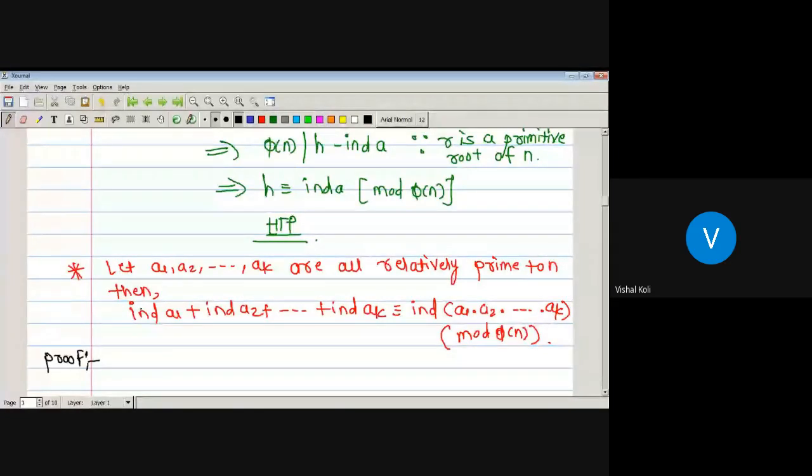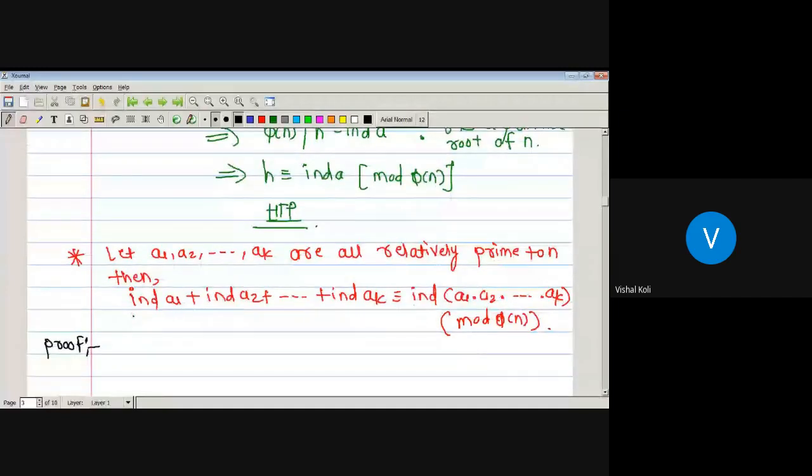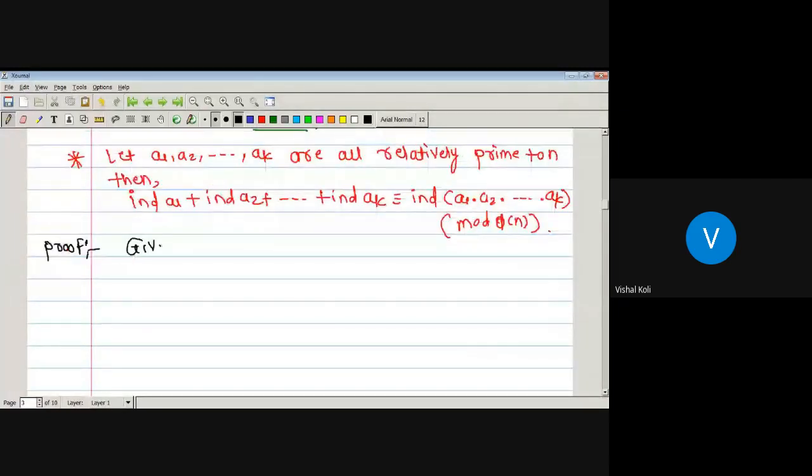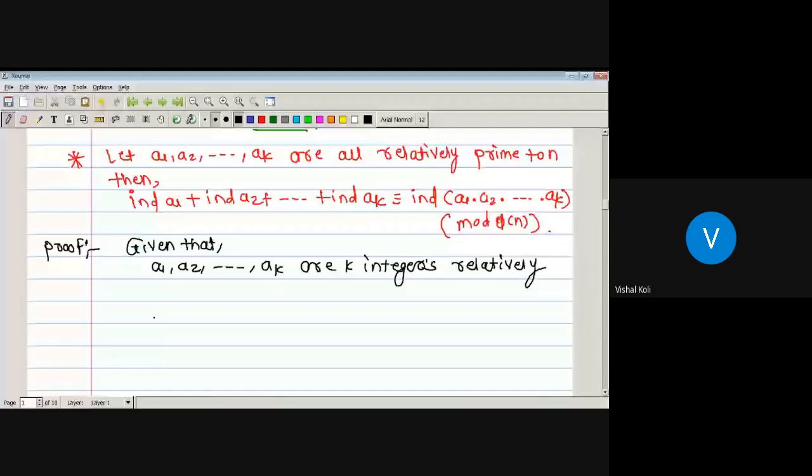Given that a1, a2 up to ak are k integers relatively prime to n.